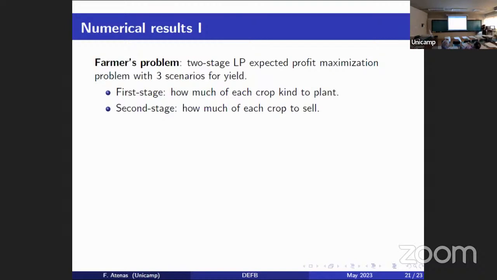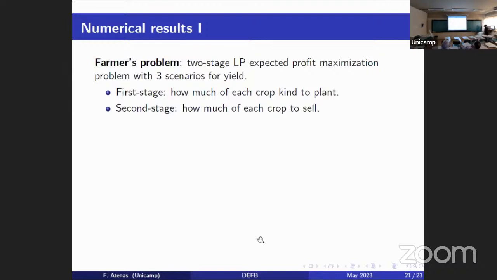First, for Farmer's problem. So we assess our method for a two-stage linear programming problem to maximize the profit of the farmer, right? And this is a small problem because he only has 3 scenarios for the yield, right? Saying, okay, so we are producing above average, or below average, right?